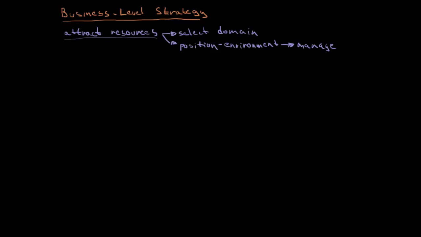And as in the case of the functional level strategy, we are again going to have the low cost strategy and the differentiation strategy. So we can begin with the low cost, and then we are going to have a differentiation strategy. And we are going to have also one extra one, but I wouldn't like to talk about it because it is really specific and it would need some really deep talks, and it is called the focus strategy.